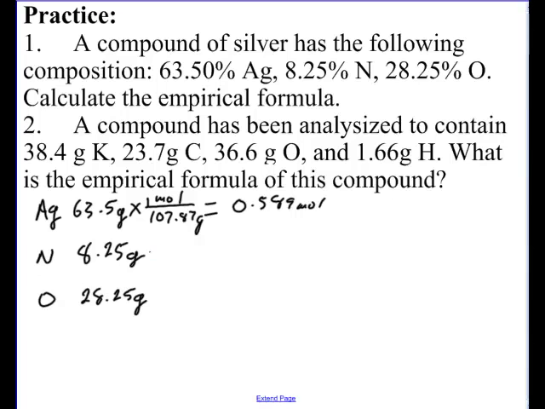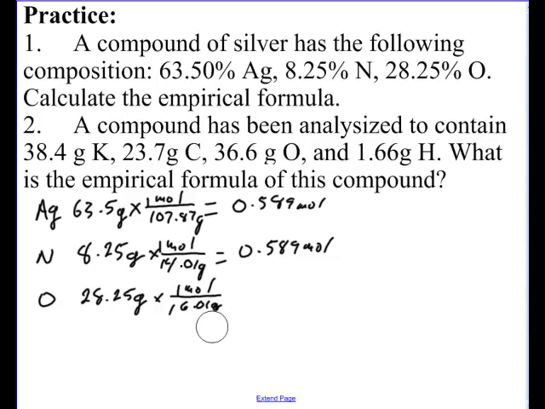Nitrogen, 1 mole of nitrogen weighs 14.01 grams. That also equals 0.589 moles. Oxygen, 1 mole of oxygen weighs, how about just 16.00 grams? Okay, and that equals 1.77 moles.